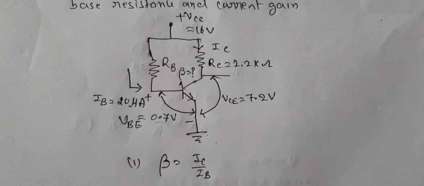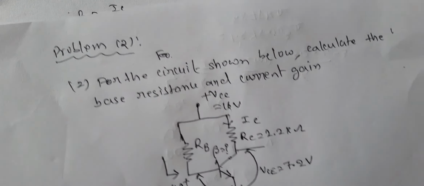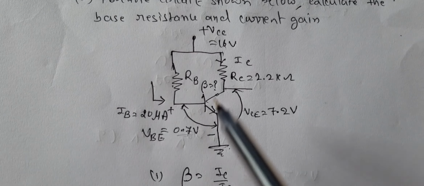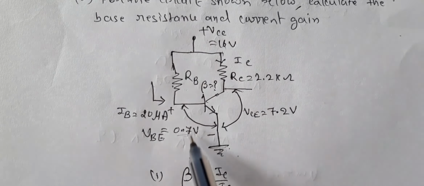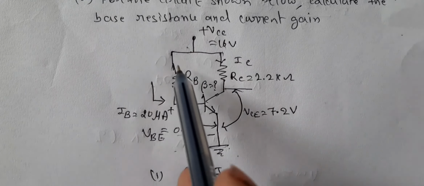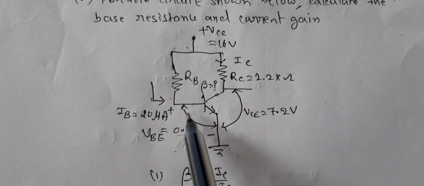From this expression, you can write, see, once again I will tell you, here to here it is VCC. VCC is equal to the voltage across this, that is IBRB, plus the voltage between these two, that is VBE.